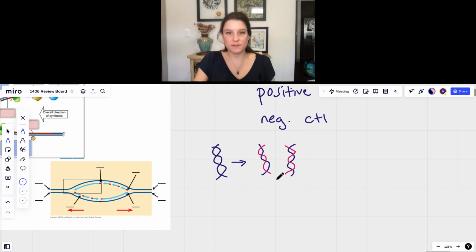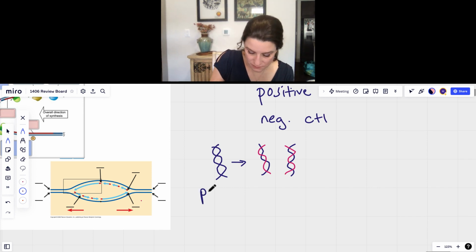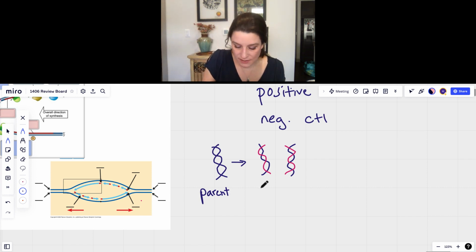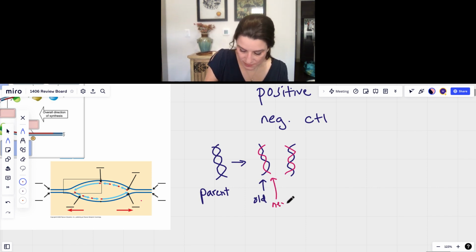And the reason I draw it in different colors here is because one strand is the original strand, the template strand, from the parent DNA. That's the first one. And this is not parent as in mom, dad. This is parent as in the first original DNA molecule. And then each of these has one old and one new. And the new one comes from the replication.